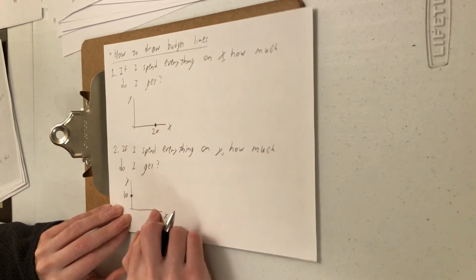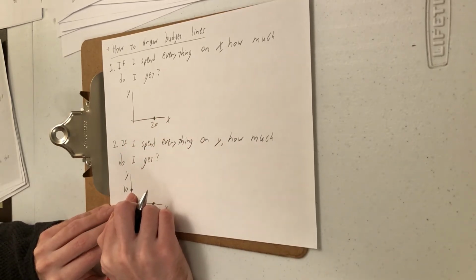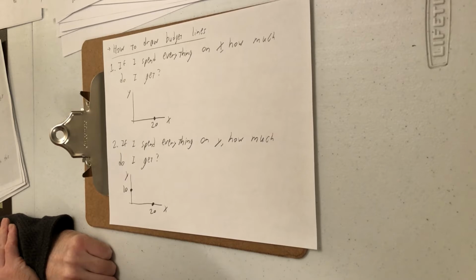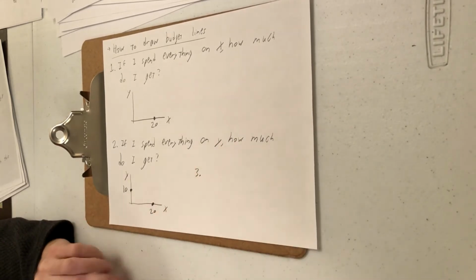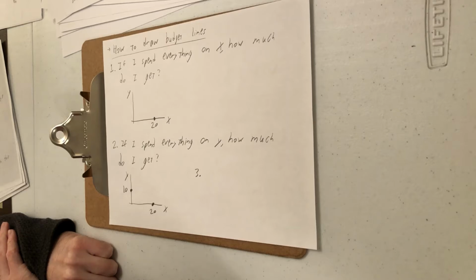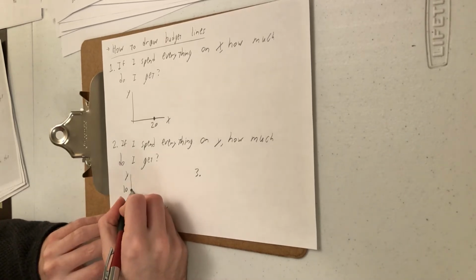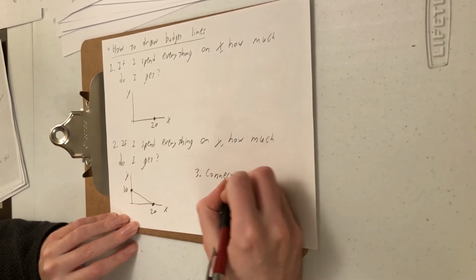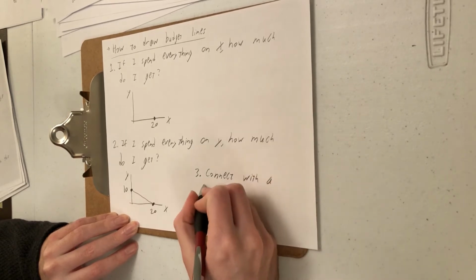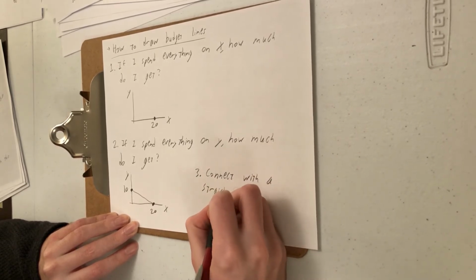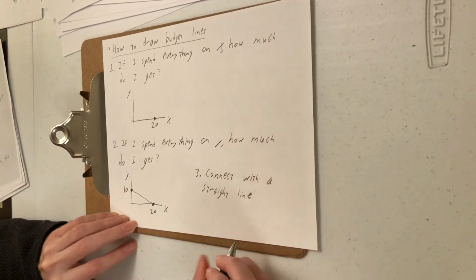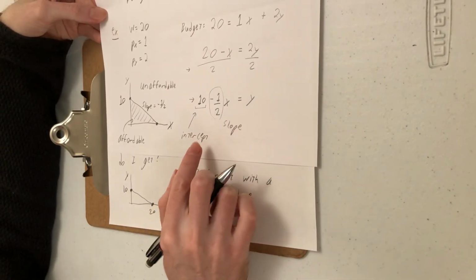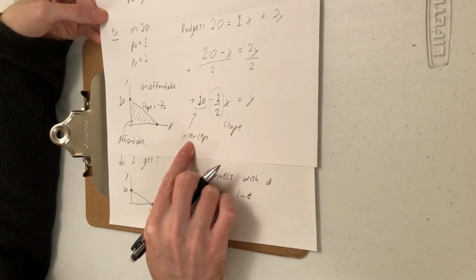So you saw this point from earlier, but now we're adding this one up here for what happens if we spend all our money on Y. Last step, just connect them with a straight line. As we saw a moment ago, budget lines are linear. They have a slope and an intercept. So that's why it's a straight line.